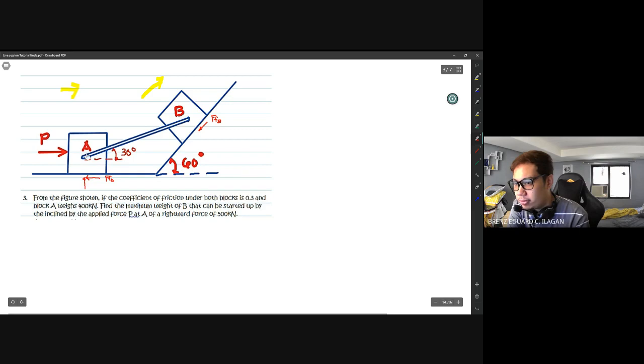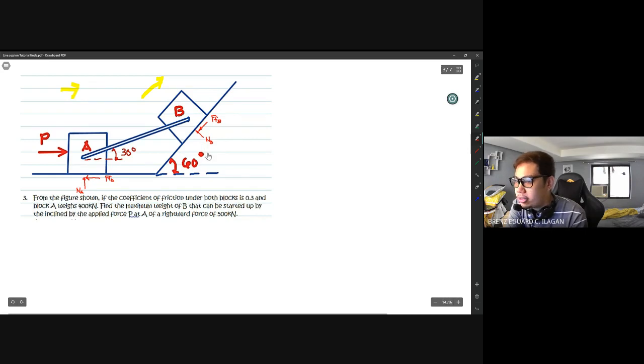The normal force always acts perpendicular to the surface. This is our NA and this will be our NB. We need them to know where the resultant is.